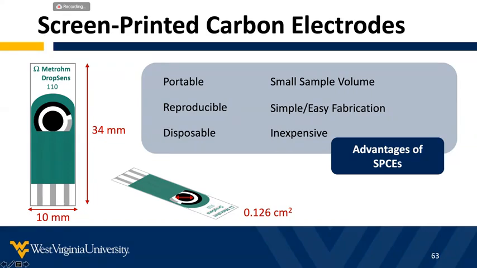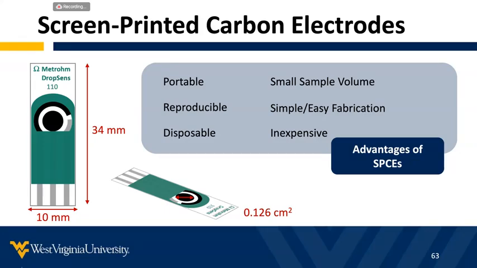Also, these electrodes are inexpensive and simple to manufacture, which allows them to be a disposable testing platform, eliminating the need for cleaning the electrodes between every sample. The simplicity of the fabrication also allows for good reproducibility between batches of electrodes. And lastly, the compact design and the proximity of the electrodes allows for small sample sizes to be analyzed as opposed to larger volumes, meaning easier and more realistic sampling for GSR analysis.